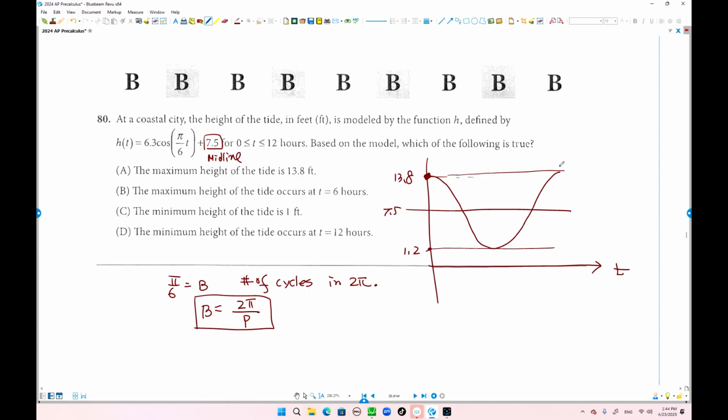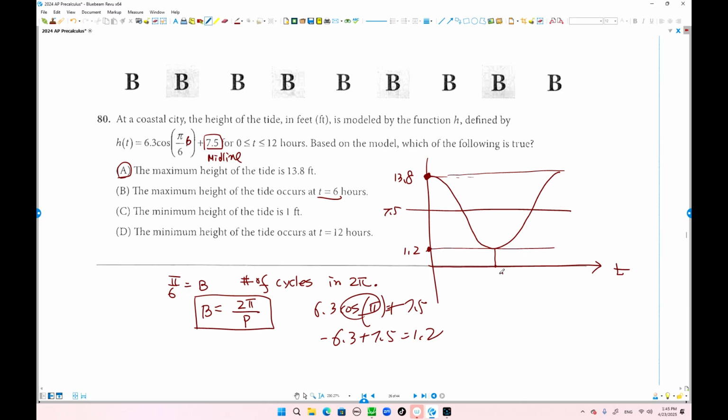So now let's check it out. Maximum height, 13.8. Oh, we already got the answer. Okay, next we check a little more. Maximum height of tide occurs at t equals 6. Put this number 6 in there. So 6.3 cosine of 6 times pi over 6, which is pi, isn't it? Plus 7.5. Cosine pi is negative 1, so negative 6.3 plus 7.5 is 1.2, the minimum value.